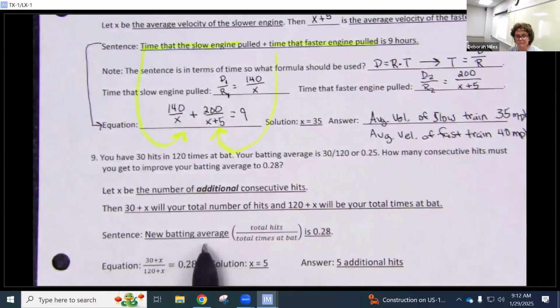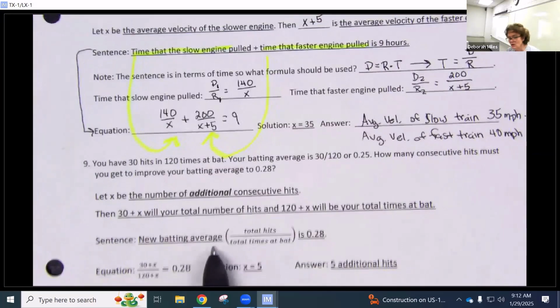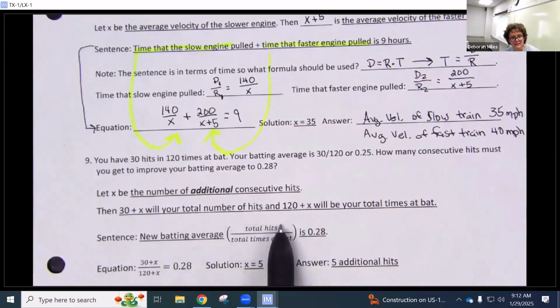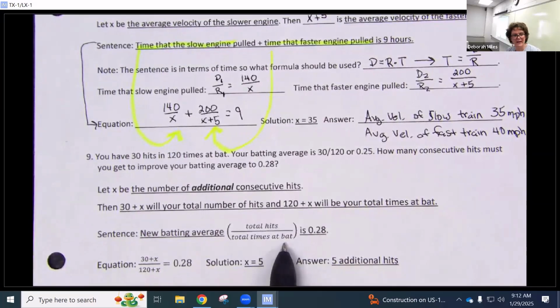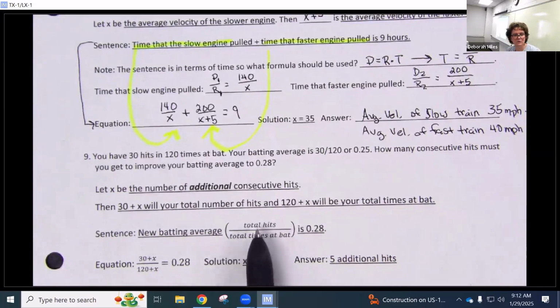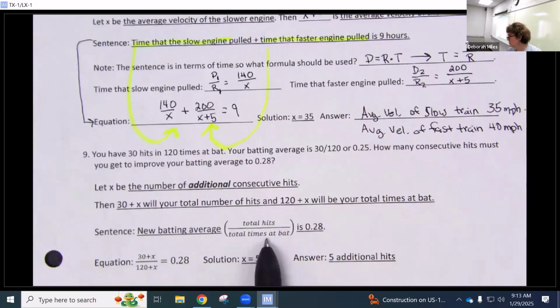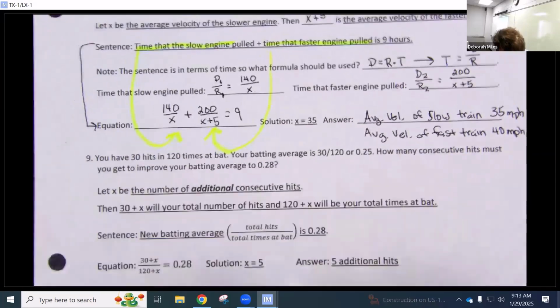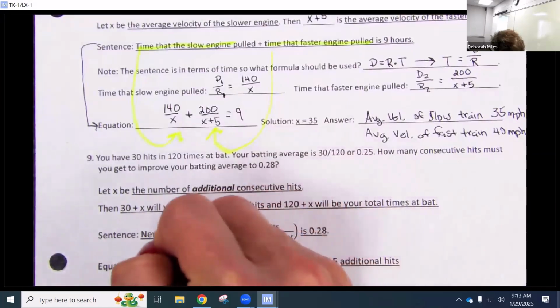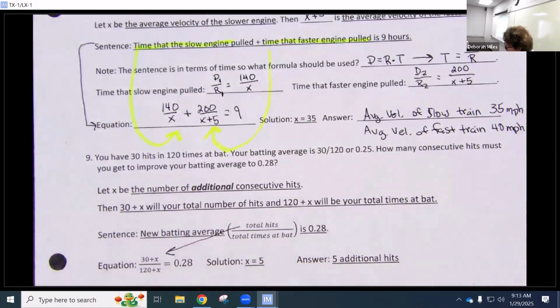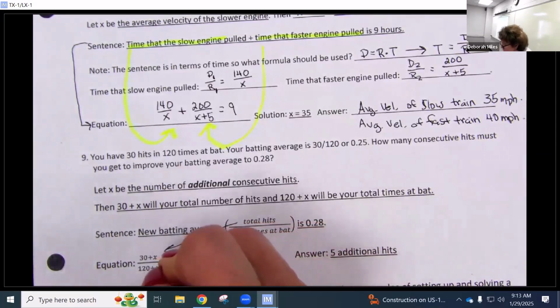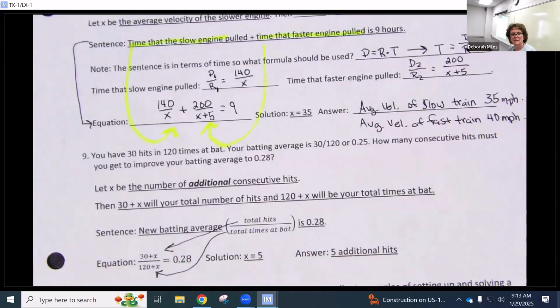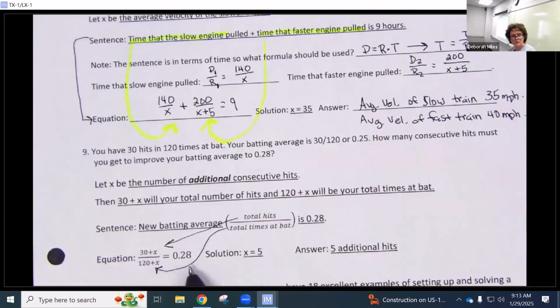And your new batting average is always total hits out of total times at bat. Now we have something we can substitute in the place of both of those phrases. Total hits is 30 plus X, total times at bat is 120 plus X, and your new average is 0.28.